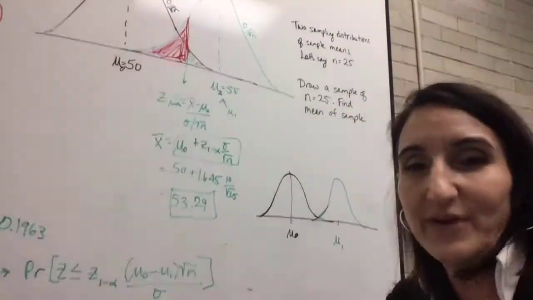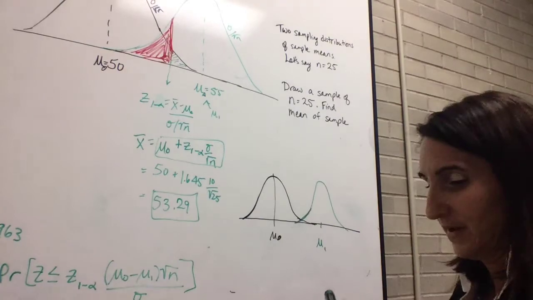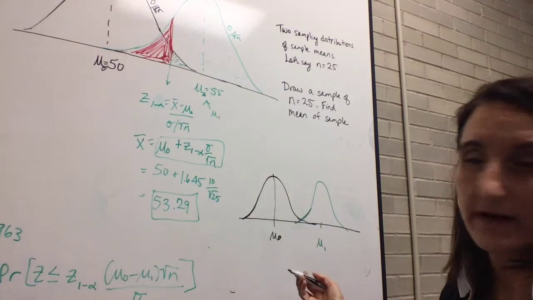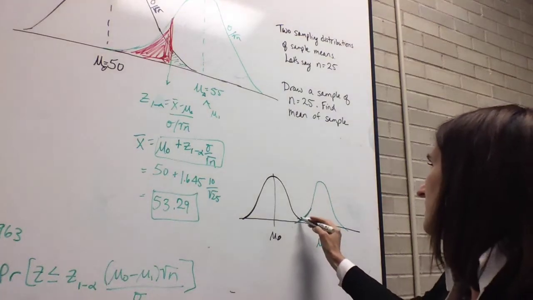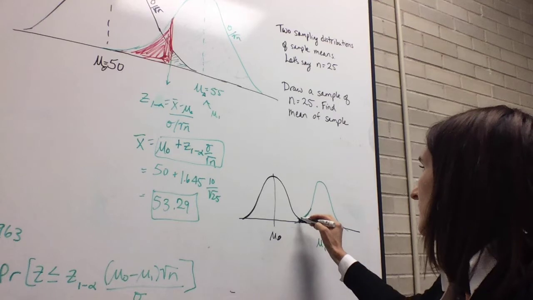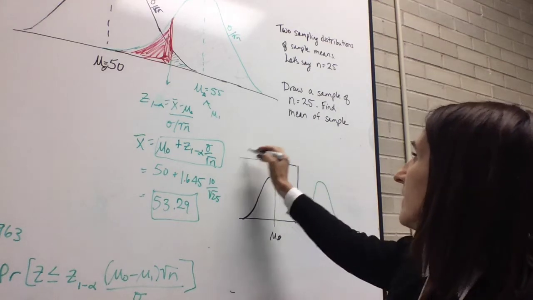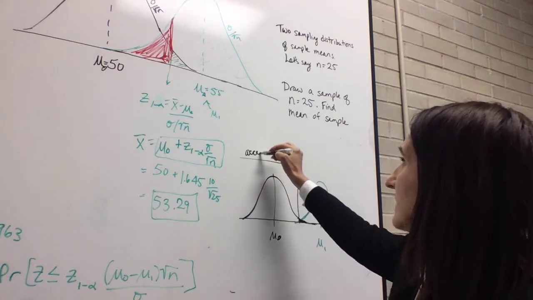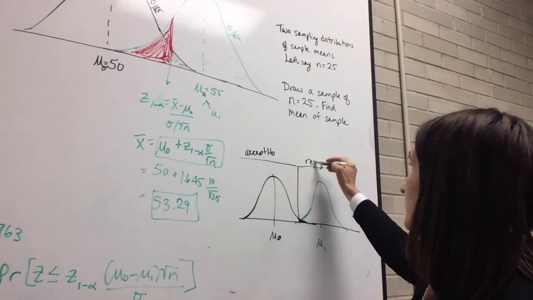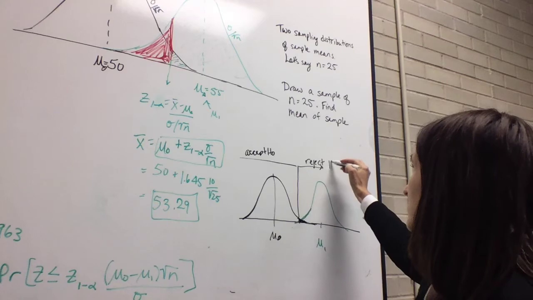I'm not getting that very well, I'm sorry, I'm on an angle here. But you could see, what is the alpha error in this case? Maybe here is 0.5% or so. So this would make this the accept H0 region, and over here is the reject H0 region.